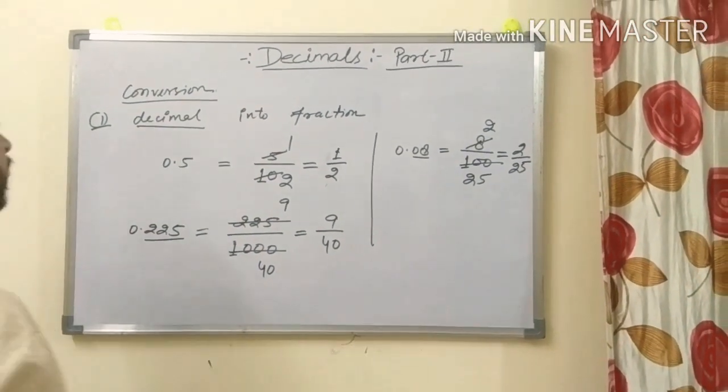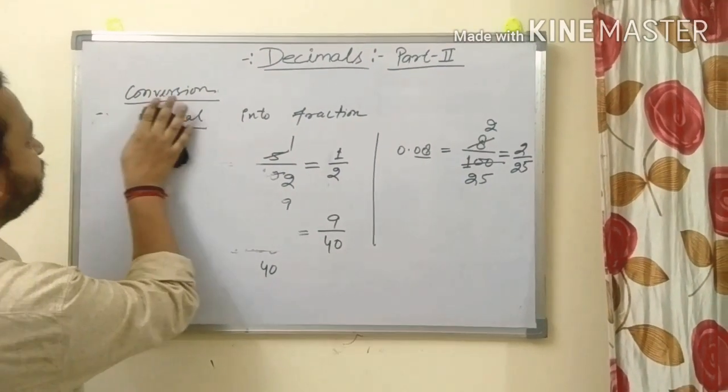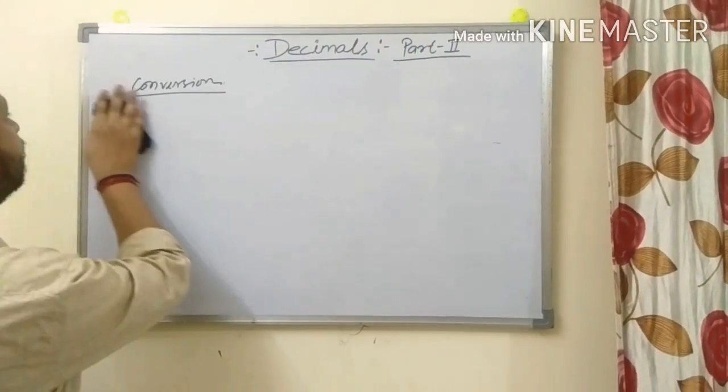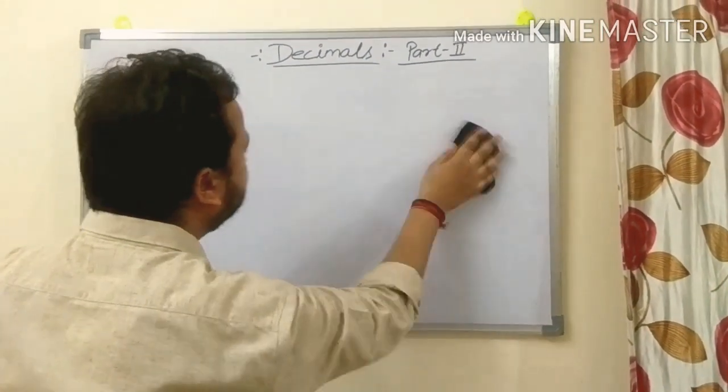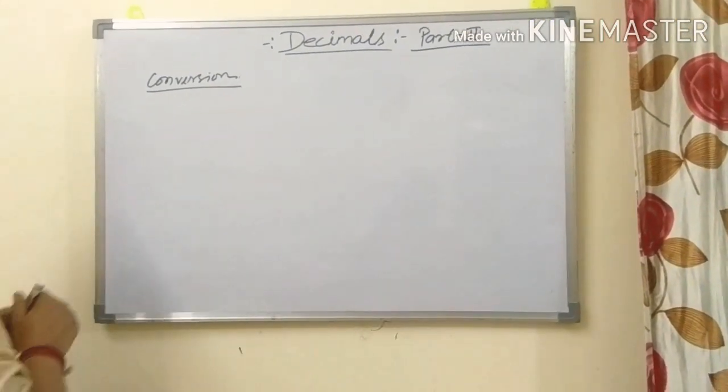Let's come to the conversion of fraction into decimal. So you know how to convert the fraction into decimal, the universal method is that you have to divide it only.